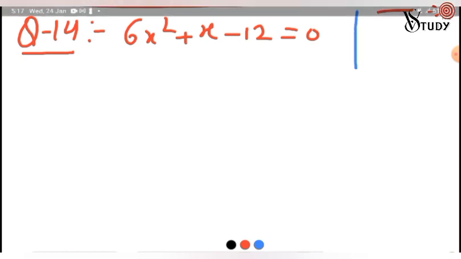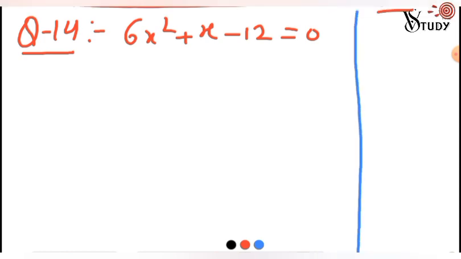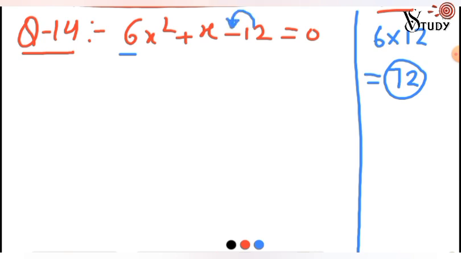Before solving this question we have to prepare our basic strategy. Our basic strategy is that we have to multiply the coefficient of x square and the constant term. 12 times 6 is 72. Now we have to check the sign of the constant term.